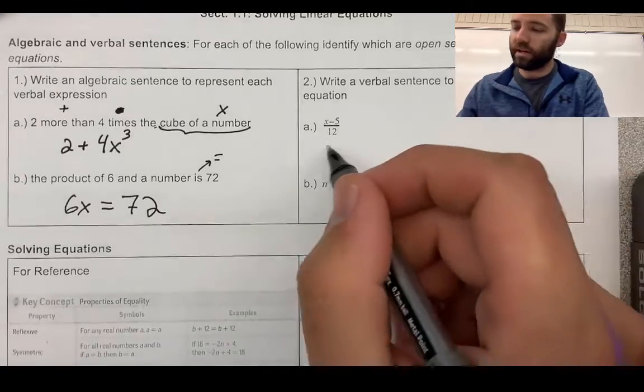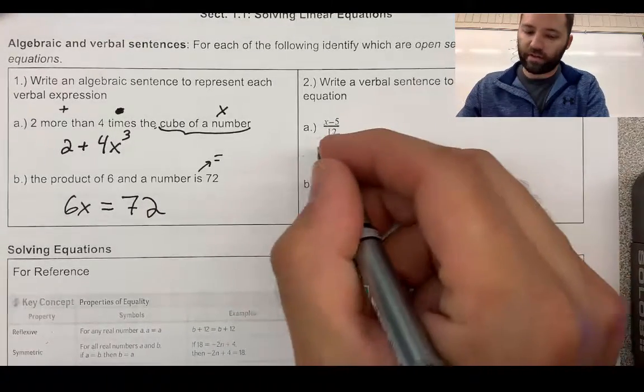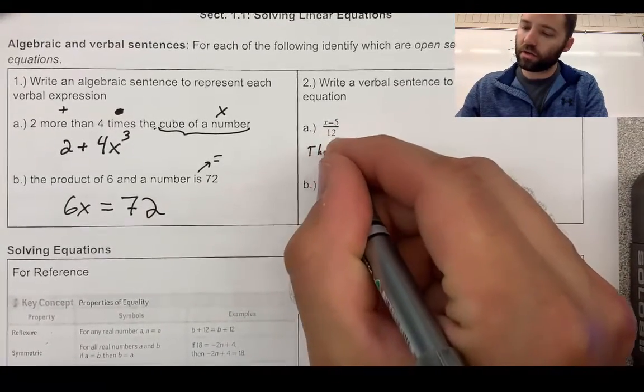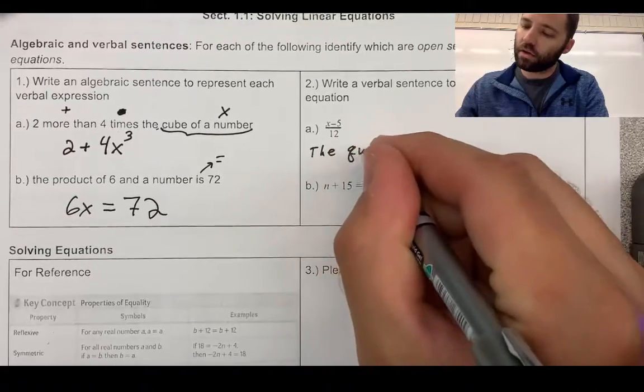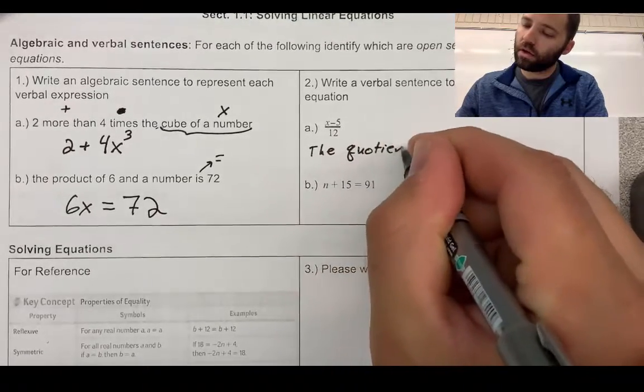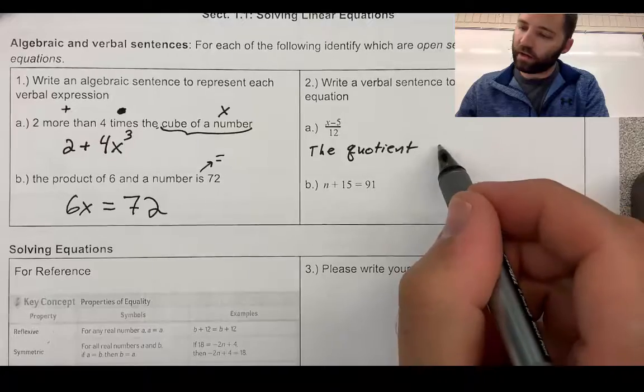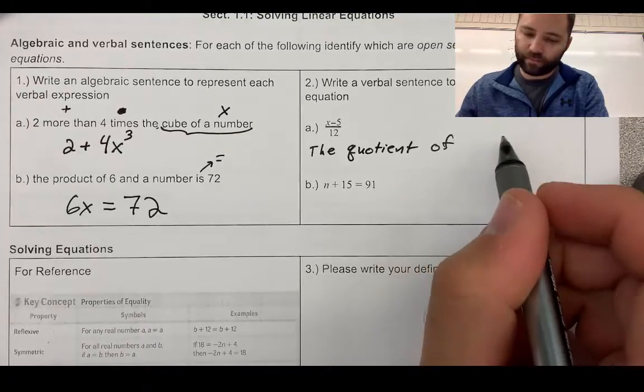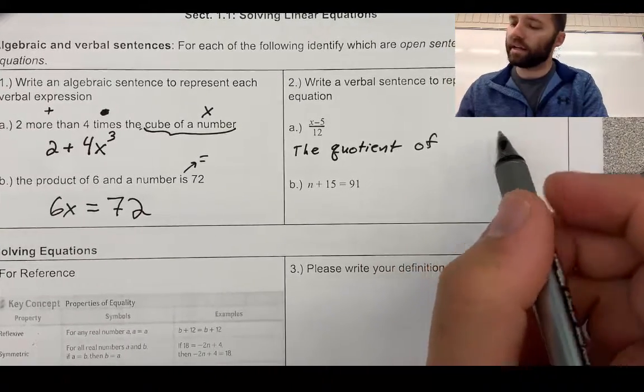So what I've got here, and it's not the only right answer, but what I have here is the quotient of 5 less than a number.